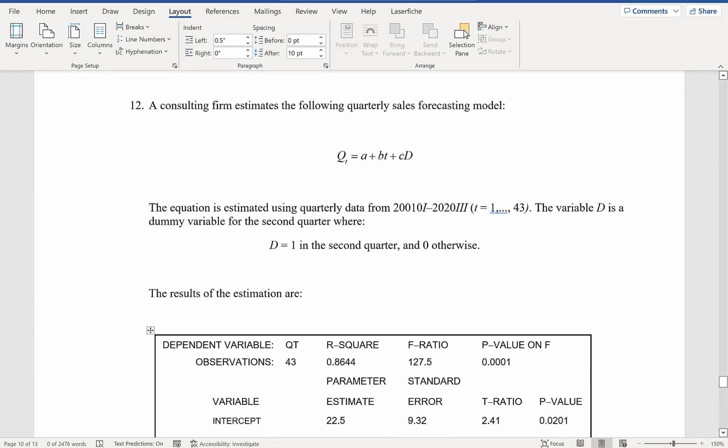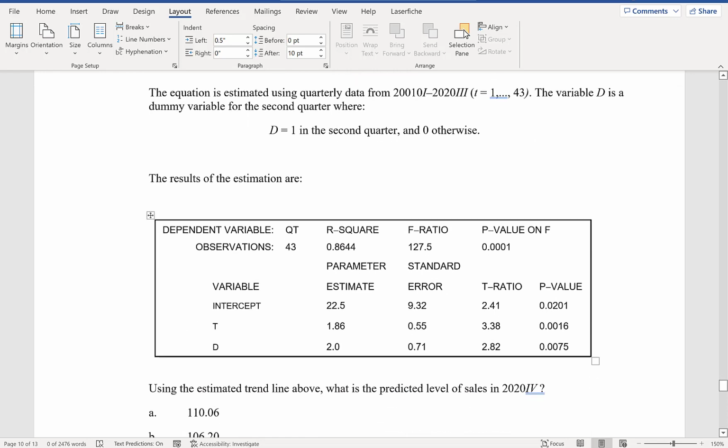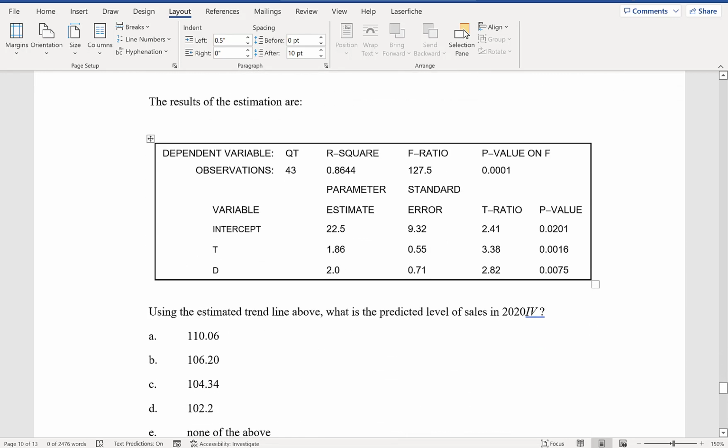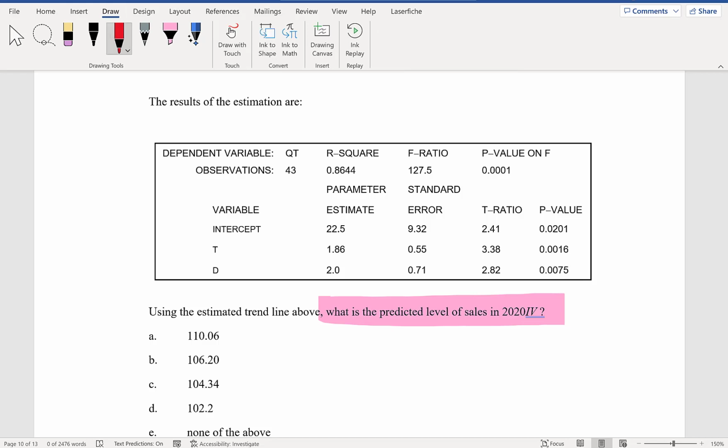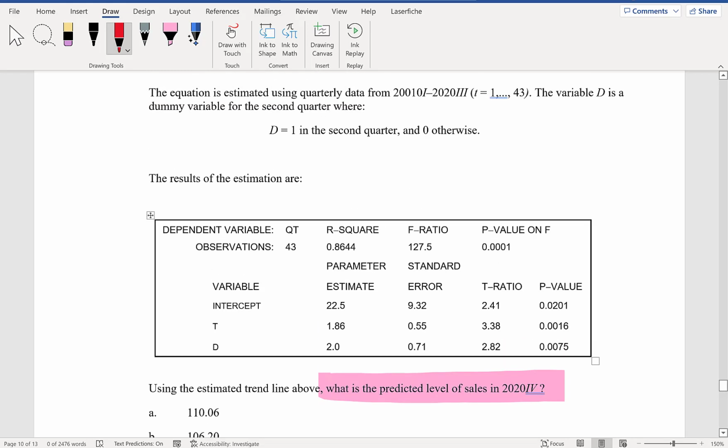Question 12, the same setup. All right, what is it asking now? Using the estimated trend line above, what's the predicted level of sales in the 2020 fourth quarter? I really like this question. This is a little bit different. Cool, so 2020 fourth quarter. Here they call 2020 third quarter unit 43.